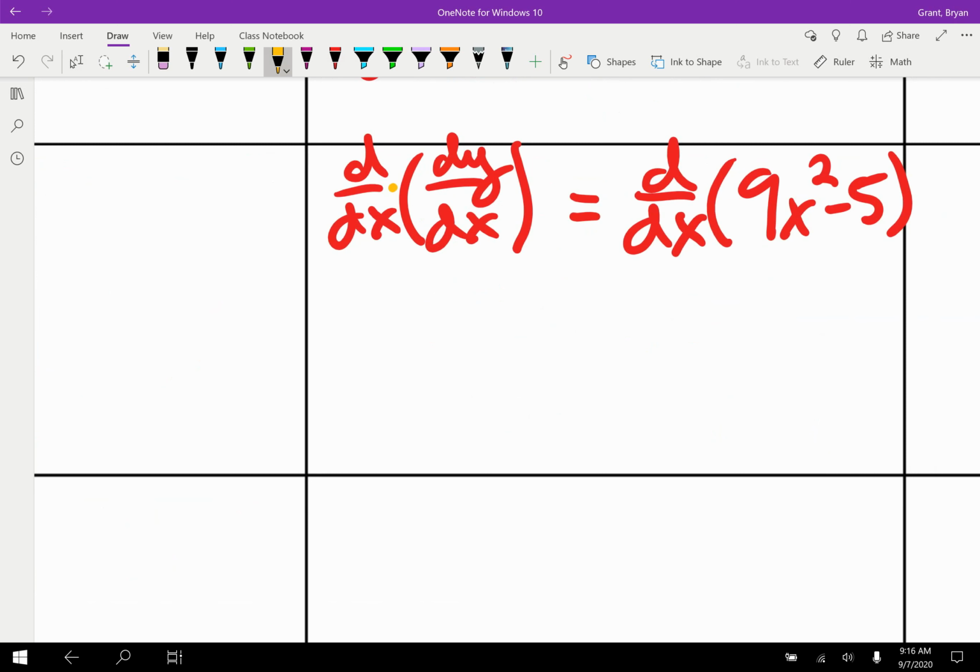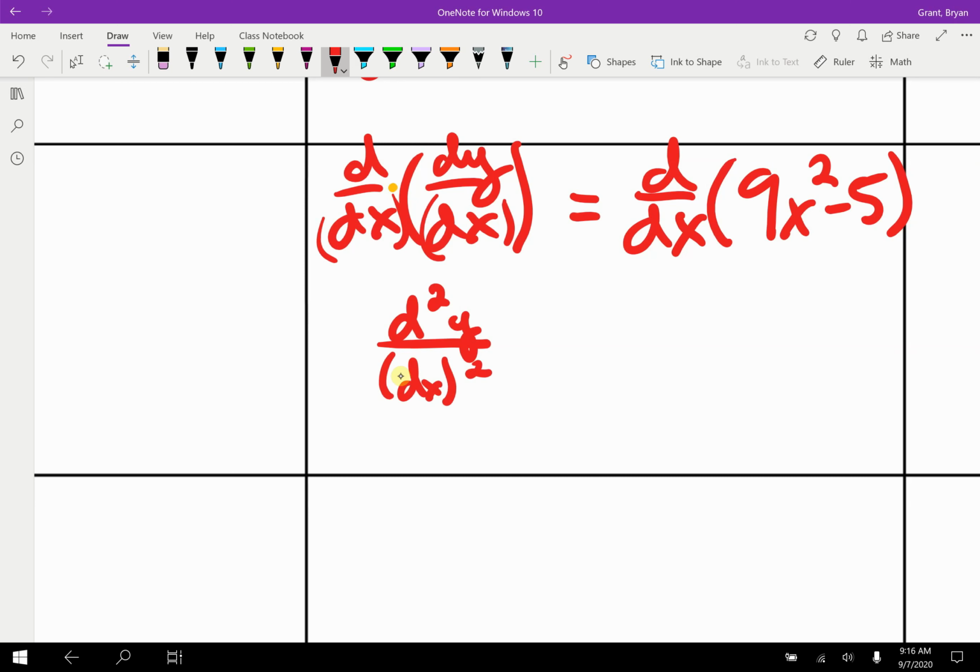If you think of this as fraction multiplication, you have d times itself, which is going to become d squared. There's nothing times the y, so the y stays the same. On the bottom, you have dx times itself, which is going to be dx squared.